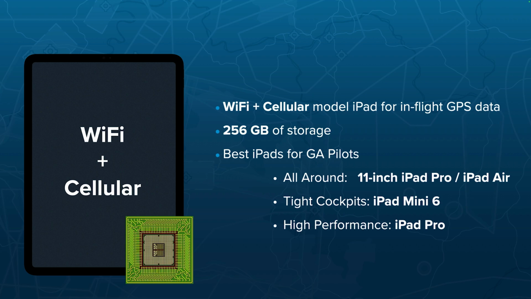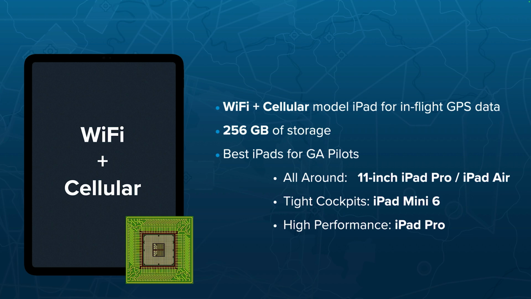The advantage is that these combined devices have a built-in GPS chip and can get your position without any external connection. As a storage capacity, 64 gigabytes is the minimum, 256 gigabytes of storage is a good choice and gives you enough space for running also other applications.